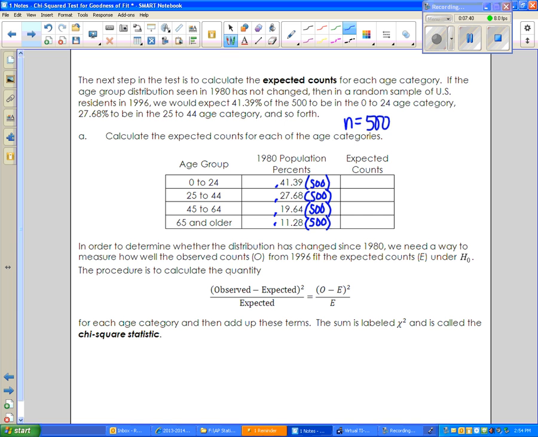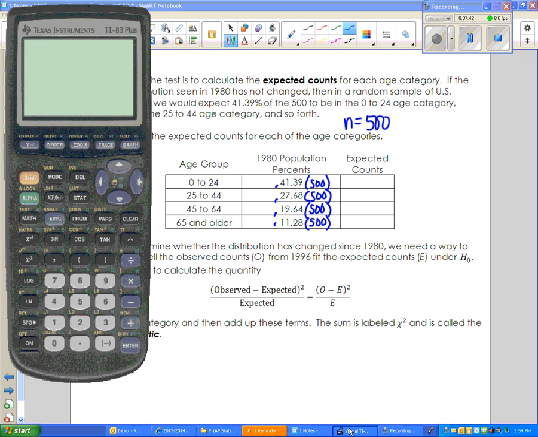Okay, and so if we use our graphing calculator, in a sample of 500, I would expect 206.95 to be between the ages of 0 and 24.